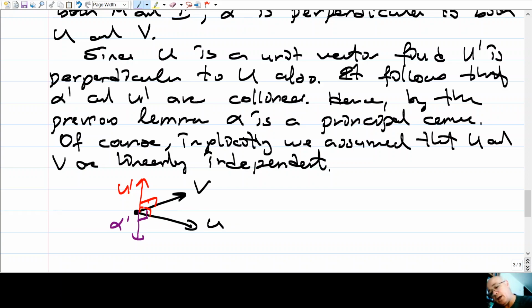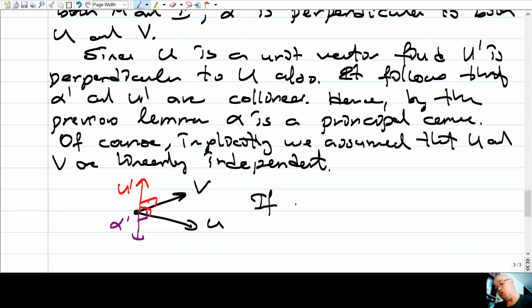Therefore, alpha and alpha prime are collinear. However, if u and v are not linearly independent, as in this picture, then this argument doesn't work. So we have to consider the other possibility.